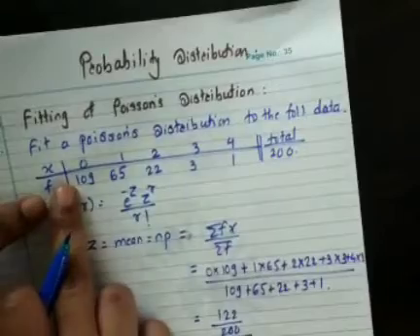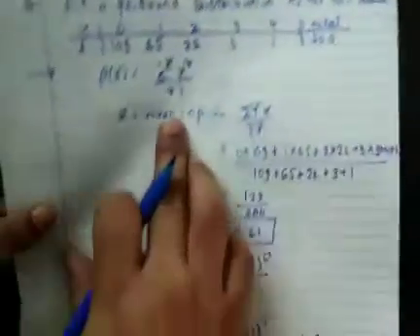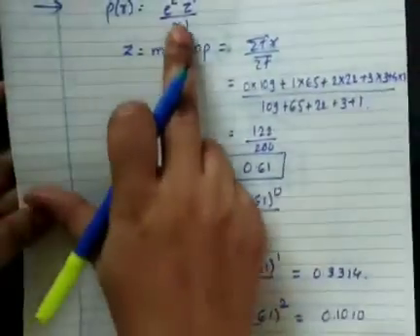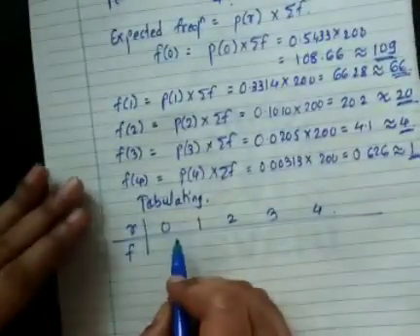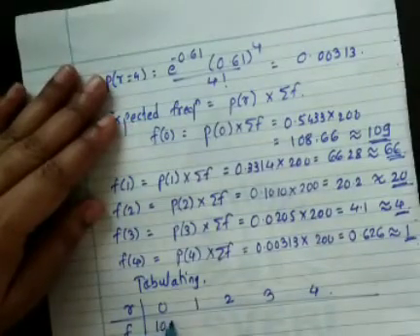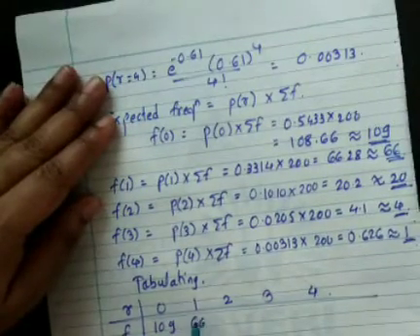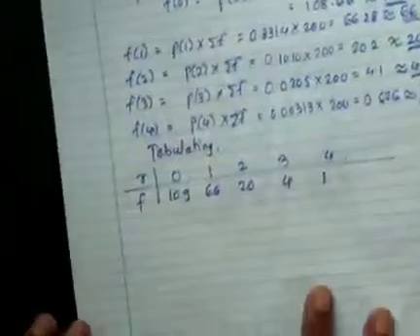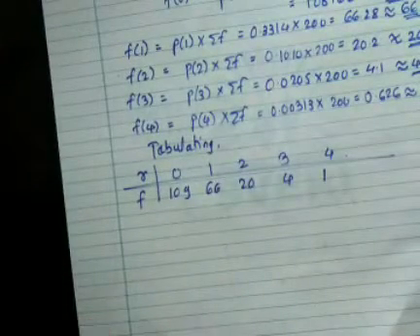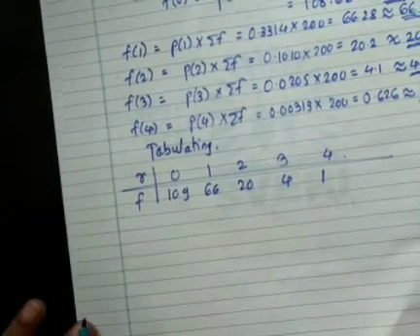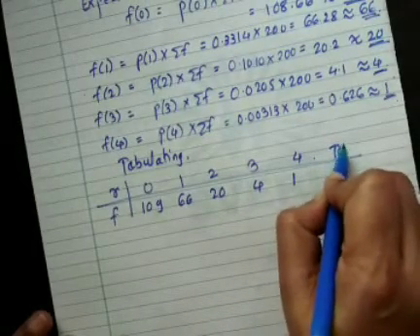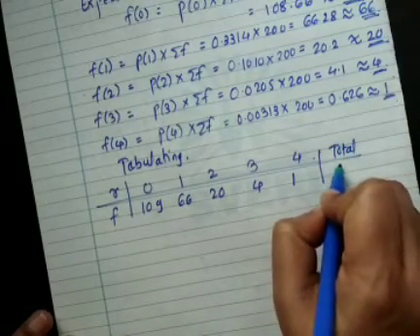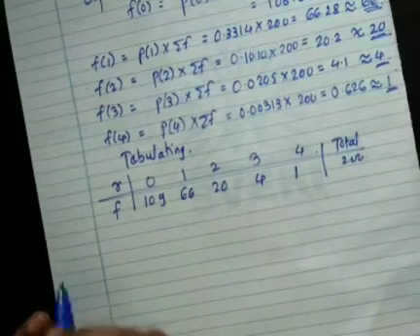Next, these are your original frequencies, and after fitting it by Poisson distribution, we get the frequencies as: frequency at 0 is 109, then 66, then 20, 4 and 1, which is your required fitting of Poisson distribution. And if we see, the total is again 200. This is the answer.